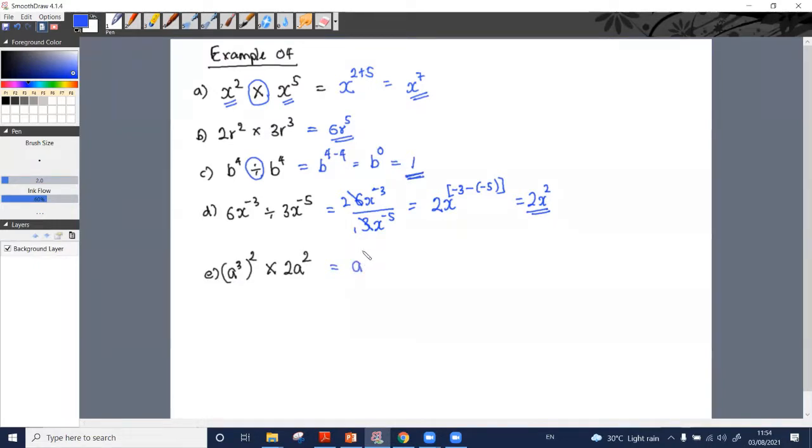This can be rewritten as the multiplication of the power values, 3 into 2, into 2a squared. So here we will have a to the power 6. a to the power 6 into 2a squared, we should get what? 2a to the power 8. The base is the same, we can add the power values. Here it is 6, here it is 2. It should then be 2a to the power 8. Yes, correct.